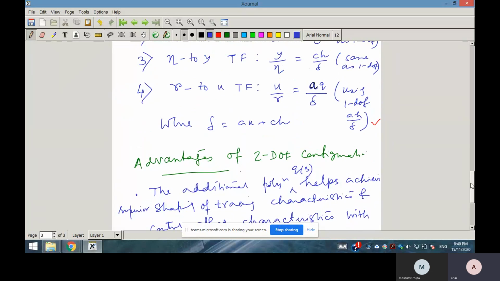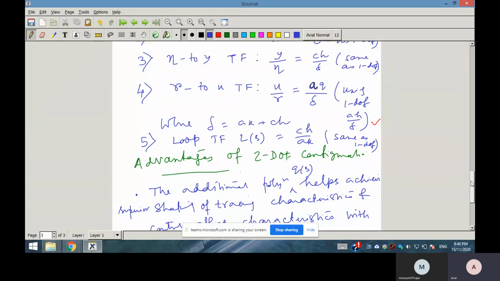Here another important transfer function I forgot to write, that is the loop transfer function. What is the loop transfer function? L(s) equal to CH divided by AK. So here also it is the same as 1 degree of freedom. In case of 1 degree of freedom also it is CH by AK.